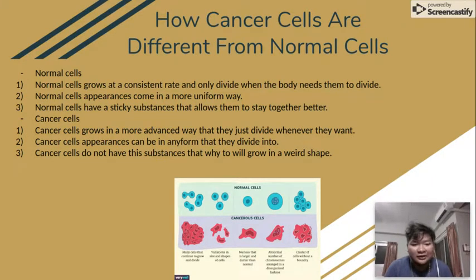But cancer cells can divide anywhere, so the tumor or the cells will look a bit weird. Also, cancer cells do not have substances that allow them to stick together, which can cause them to spread into other parts of the organs, which can be very deadly.